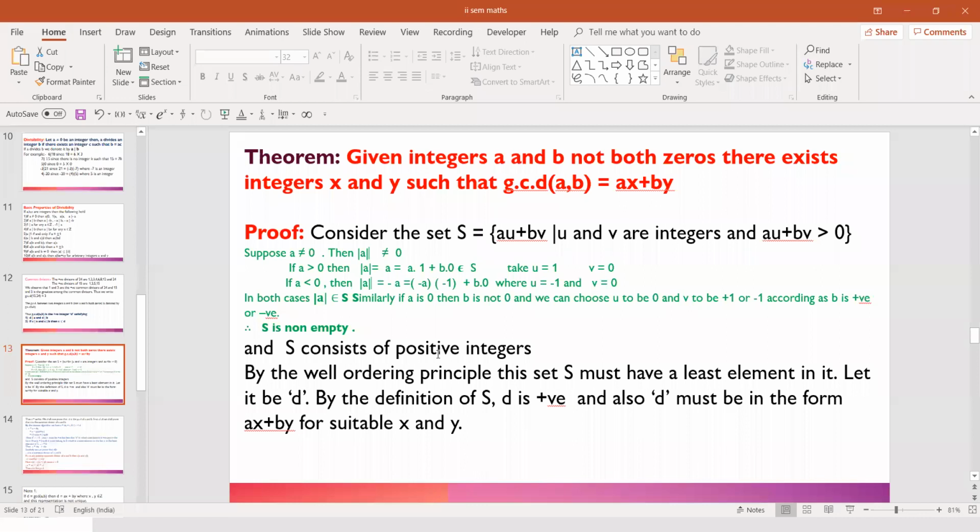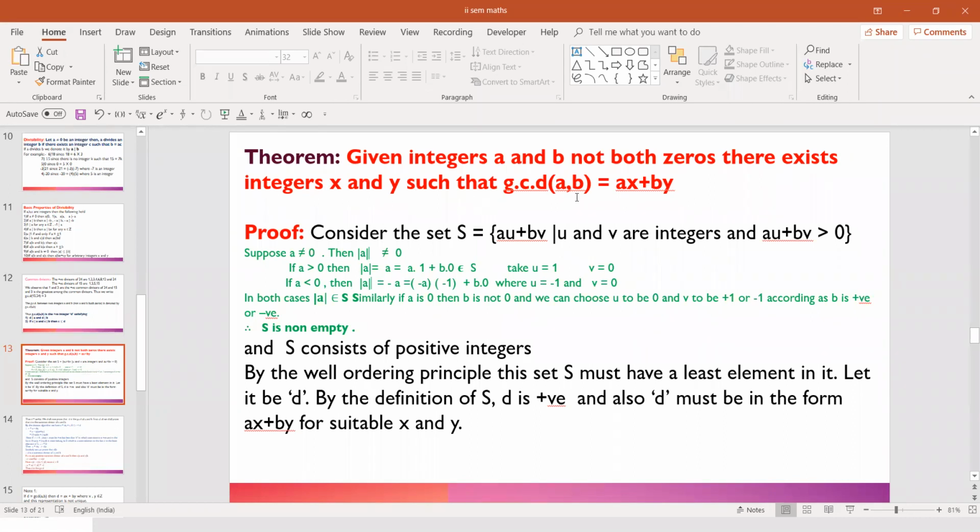Now I asked what is the GCD of minus 3 and 0. You said the answer. Now tell me, that answer can be written in which form? The ax plus by form. So there exist x and y. So what are they?